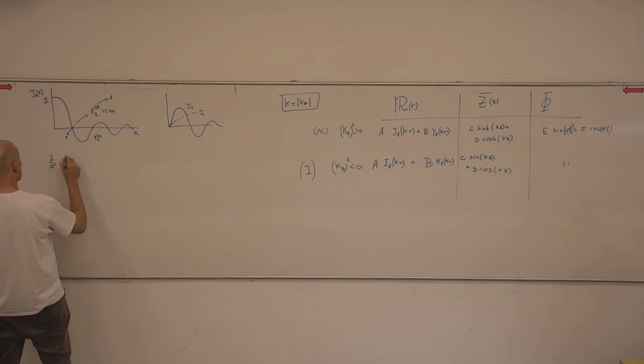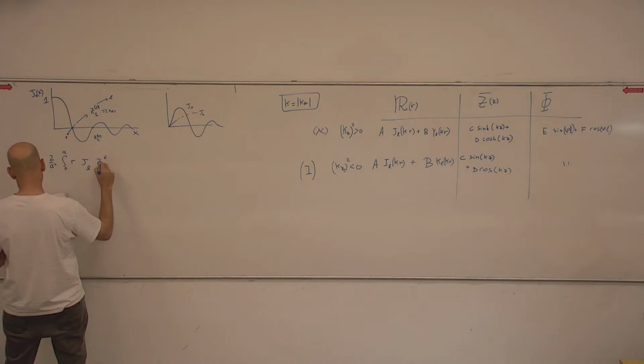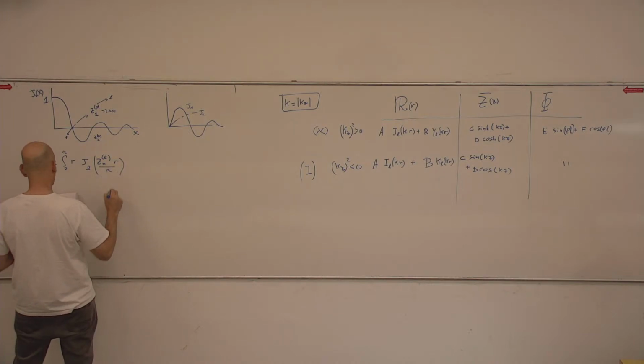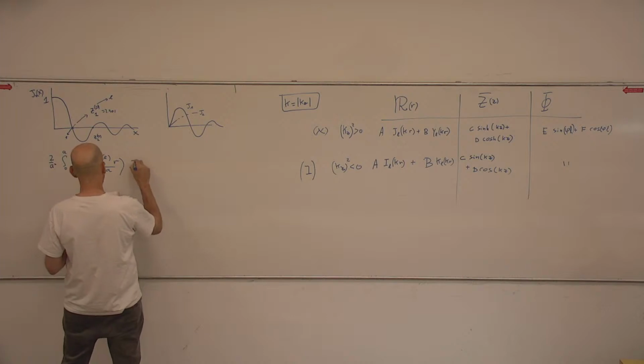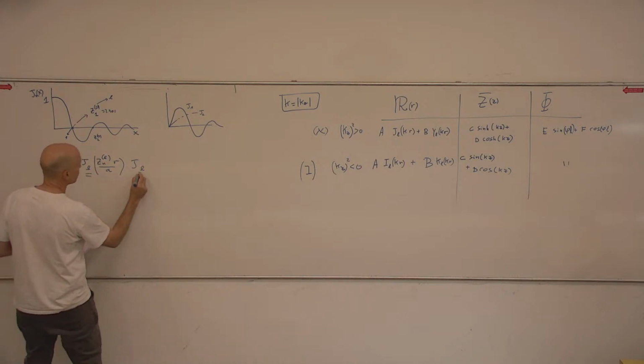2 over a squared, the integral from 0 to a of r dr, J_L of z_nL r over a, times J_L of z_mL r over a. So notice here I hope I don't make mistakes.